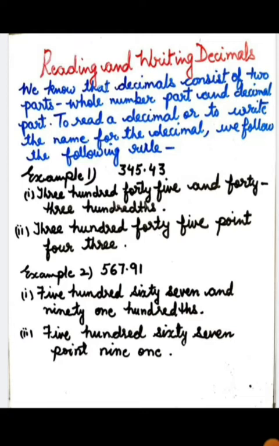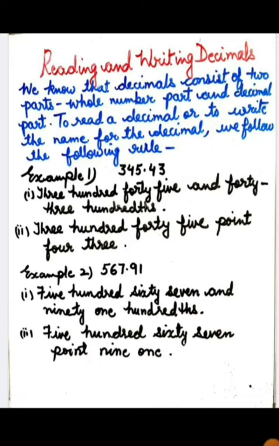Now on the right side of the decimal 4 and 3 are given. First place is tenths place and the second place is hundredths place. So we will write 43 hundredths. So here the name will be 345 and 43 hundredths.